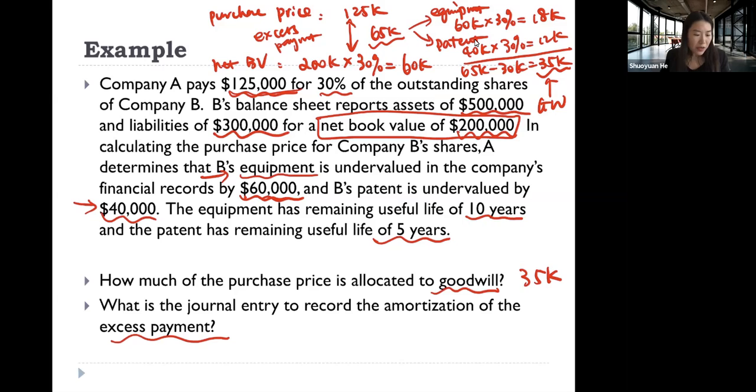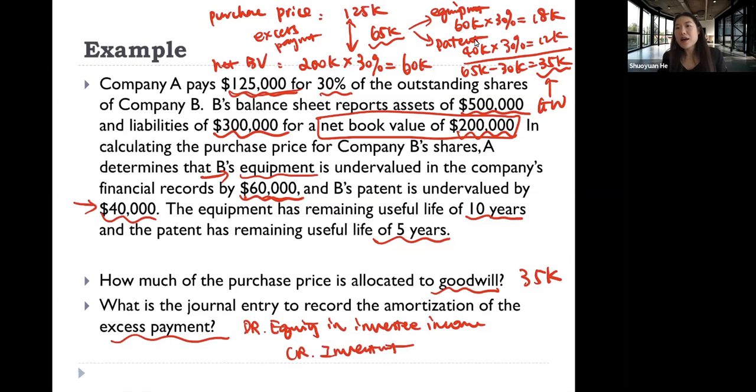And what is the journal entry to record the amortization of the excess payment? We know the journal entry is to debit equity in investee income and credit the investment account. Then the question is, what is the amount we should put in this journal entry? That is also the question of how much we amortize for each period. There are two assets we need to amortize: the equipment and the patent.